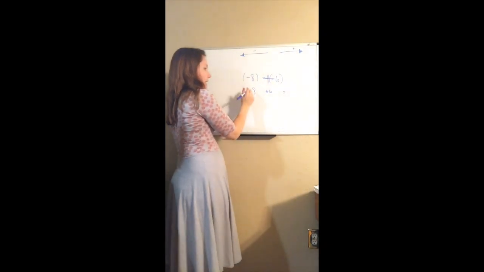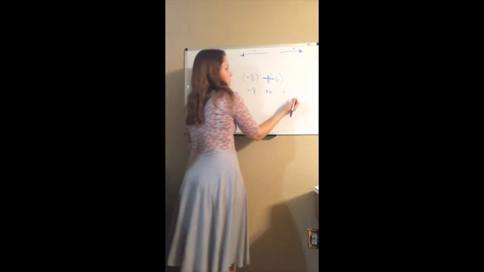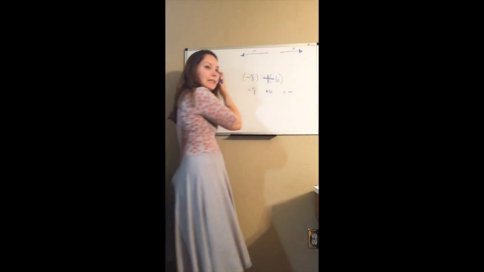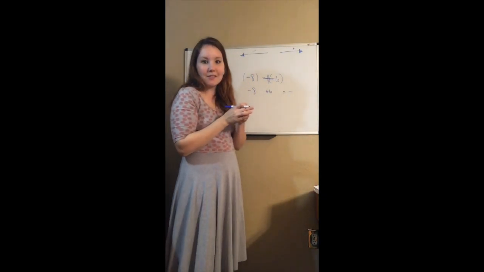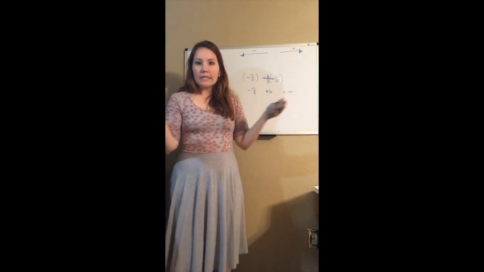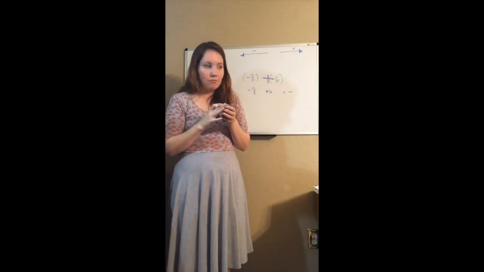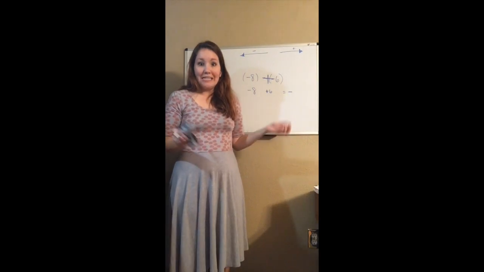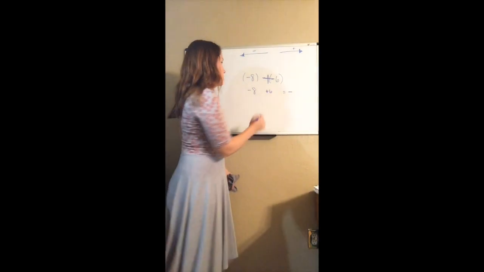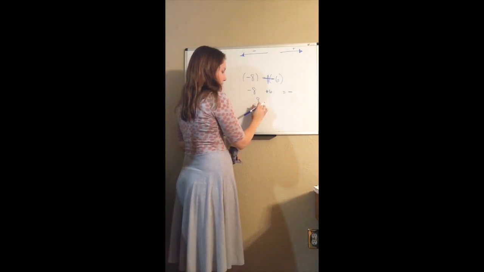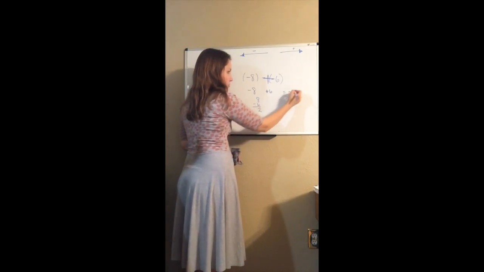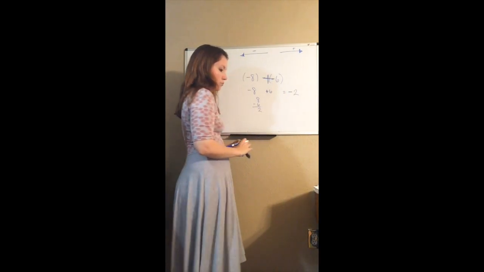Well, 8 is. 8 is negative, so I know my answer is going to be negative. So then I need to find the difference. The word difference means subtraction. So let's put the bigger number on top. Minus 6. 8 minus 6 is 2. My answer is negative 2.